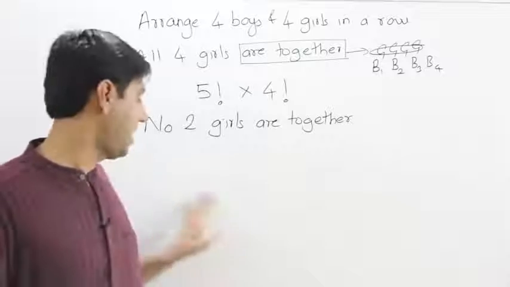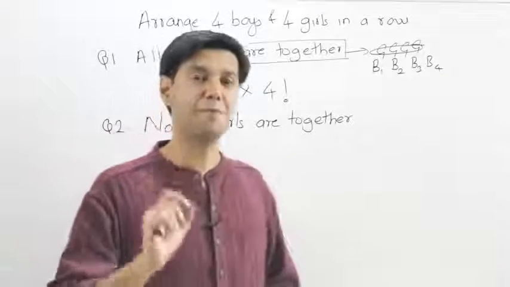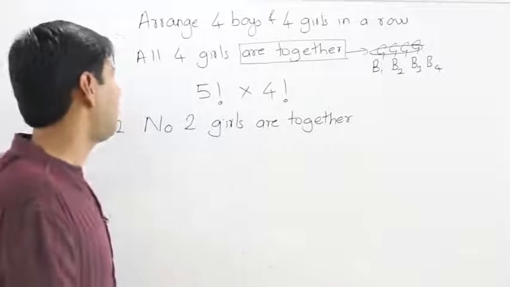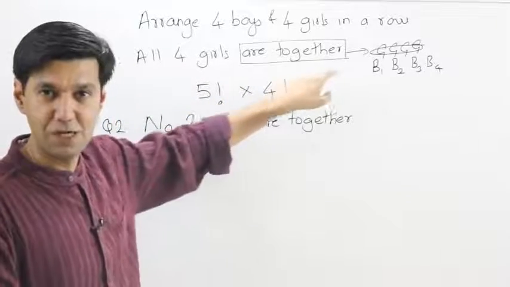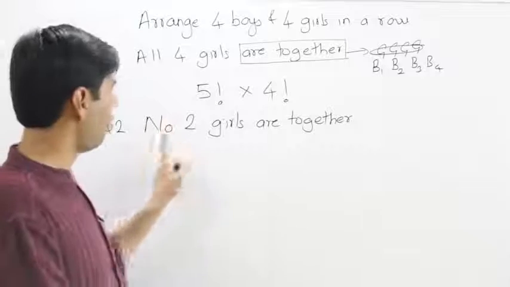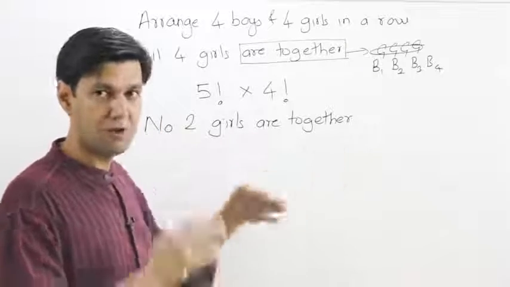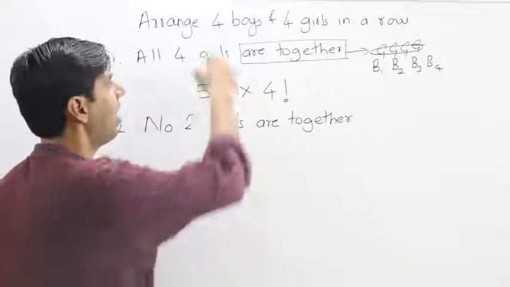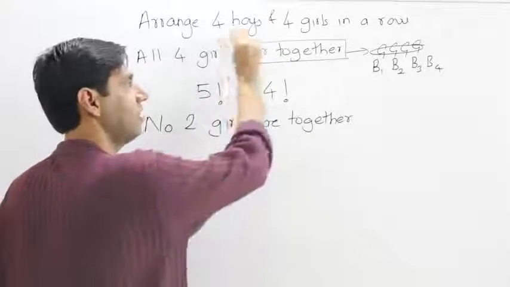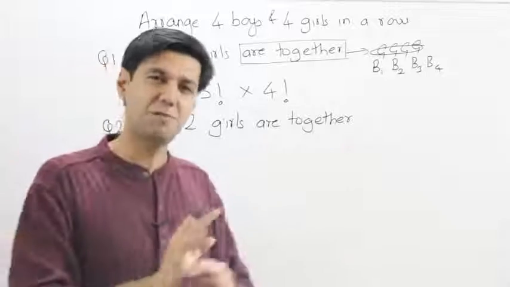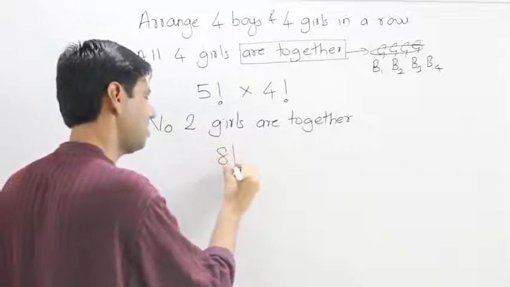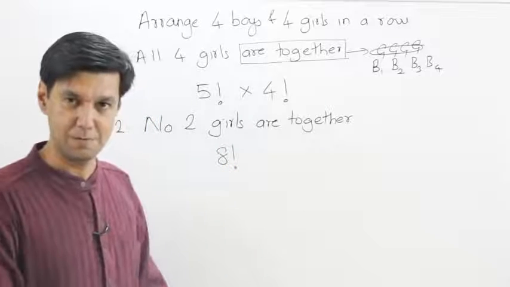While you may not think this way, many beginners make an error considering that we have already found the 4 girls being together. We want here that they are not together. So why don't we just take a complement? What do I mean by complement? Let's arrange them in all possible ways. 4 girls, 4 boys, every possible way. There's no condition given, which is as good as 8 objects, 8 positions, that is 8 factorial ways.